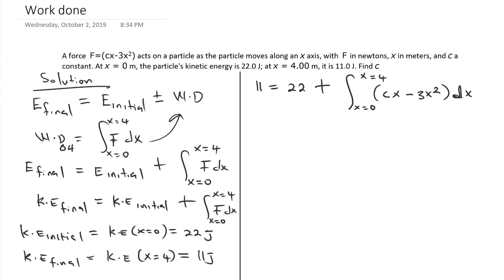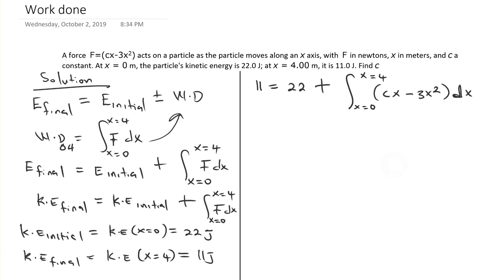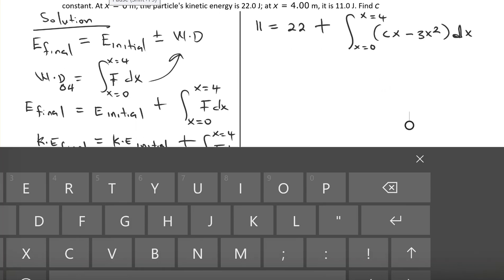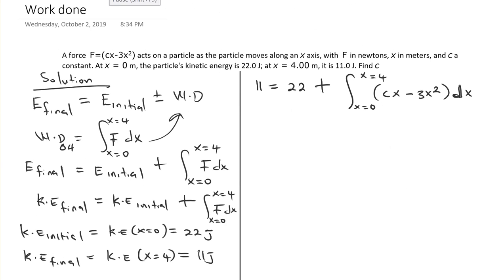Okay, so we have this. I can take the 22 to the other side by subtracting 22 from both sides. So the left hand side will equal negative 11 equal to the integral from x equal to 0 to x equal to 4 of cx minus 3x squared dx.